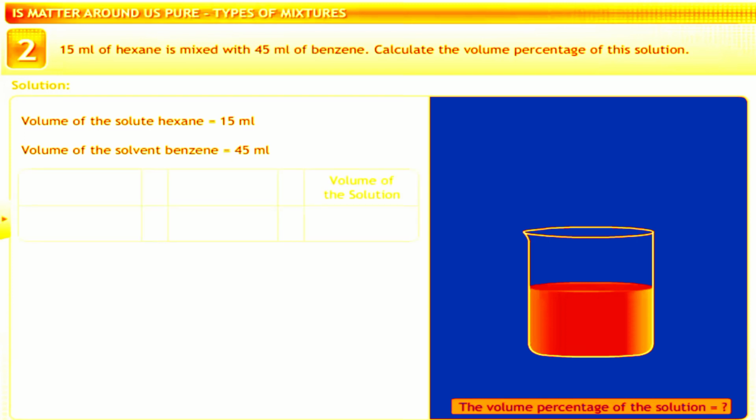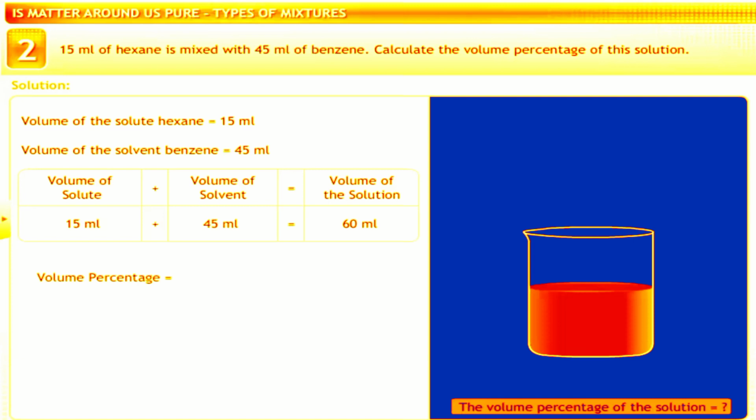The total volume of the solution is equal to the sum of the volumes of the solute and the solvent. The volume of the solute is 15 milliliters, and the volume of the solvent is 45 milliliters. Adding both the volumes, you get the total volume of the solution equal to 60 milliliters.